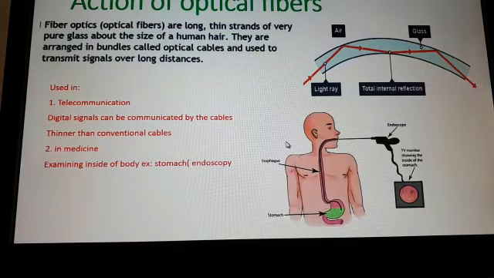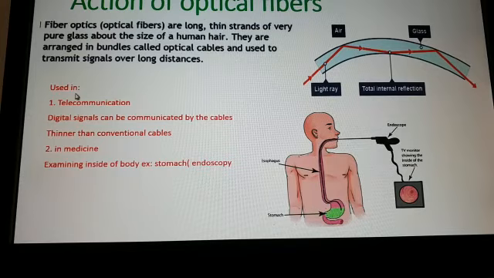Now, the action of optical fibers. Everybody knows that in everyday life we are using optical fibers. Optical fibers are long thin strands of very pure glass, about the size of a human hair. They are arranged in bundles called optical cables and are used to transmit signals over long distances. They are used in telecommunication; our phones are connected through optical fibers.